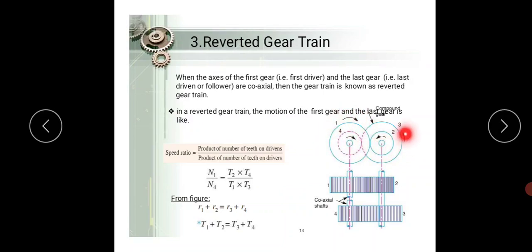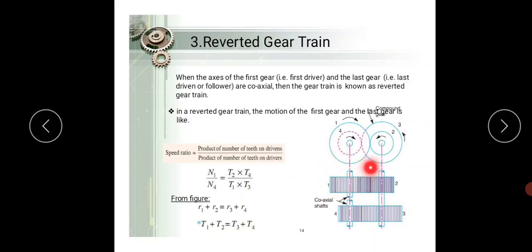From this figure, the radius of R1 plus the radius of R2 is always equal to the radius of R3 plus R4, and like that the number of teeth T1 plus T2 equal to T3 plus T4.